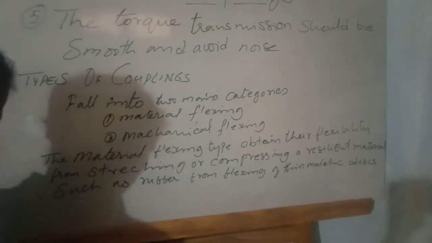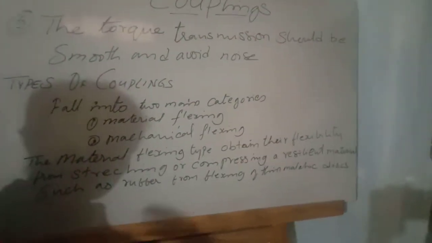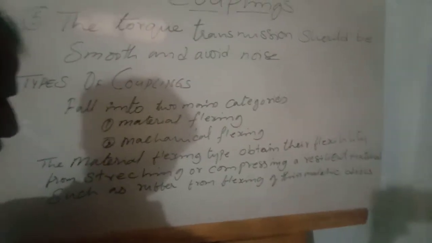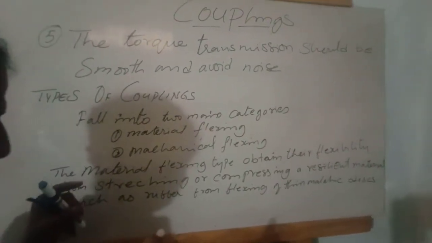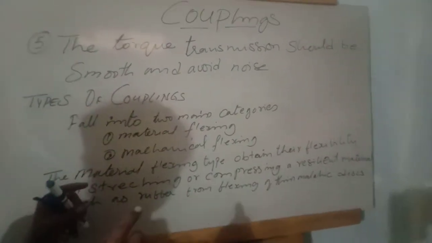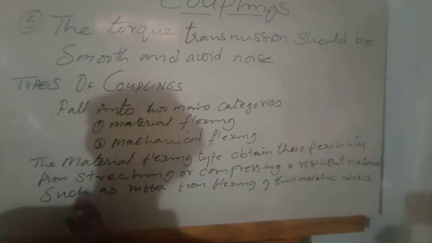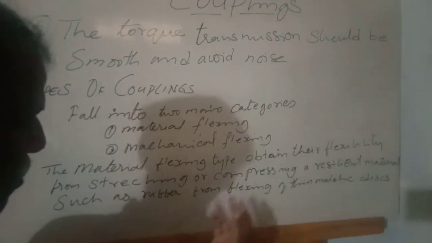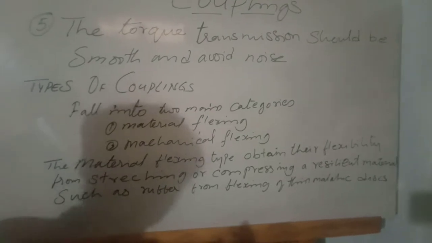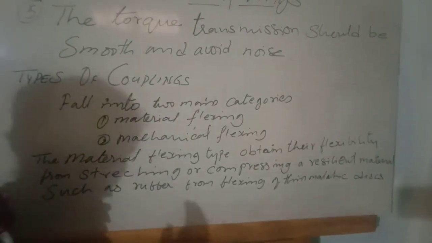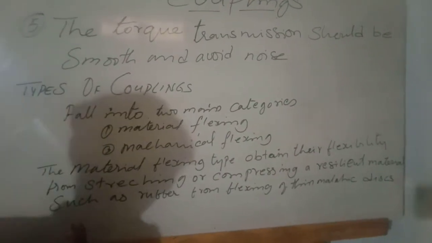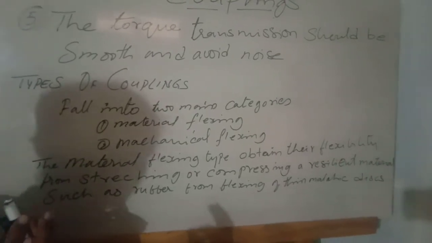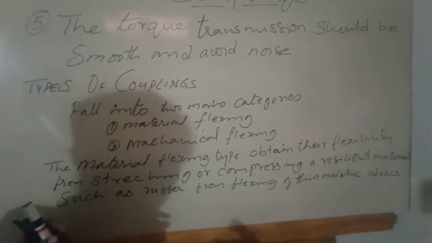For example, when you go in a sharing auto, in the front-side auto, you can see at the back the driving of the differential box to the wheel.